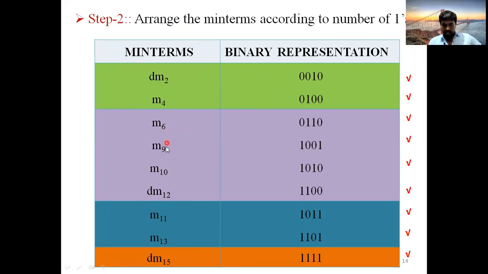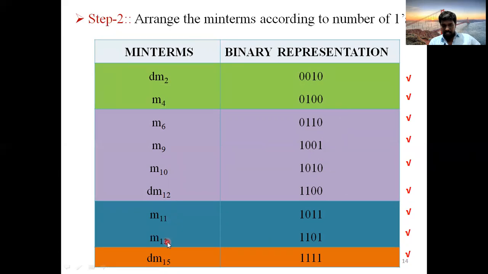Next, 6, 9, 10, and 12 consist of two ones. See here, two ones in each of them. So this green color is the group with a single one, and this second group has two ones.